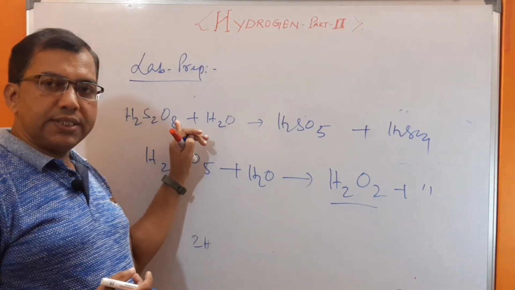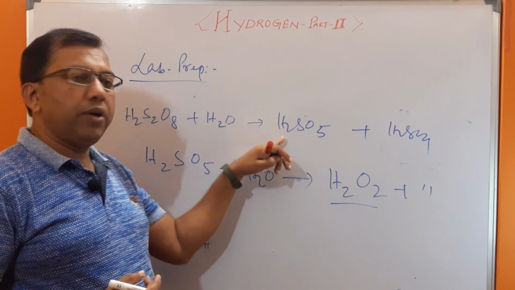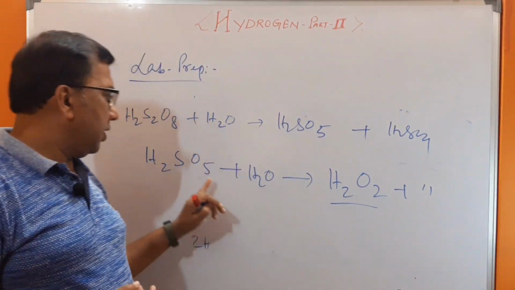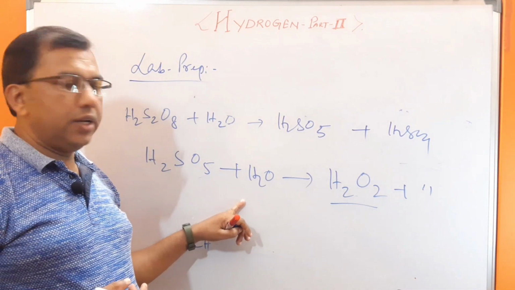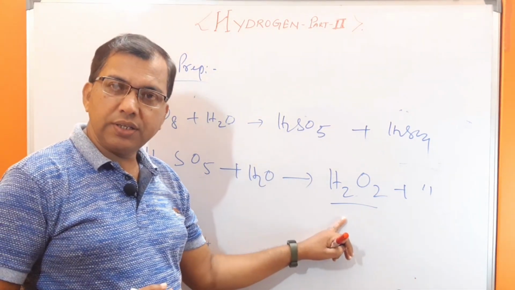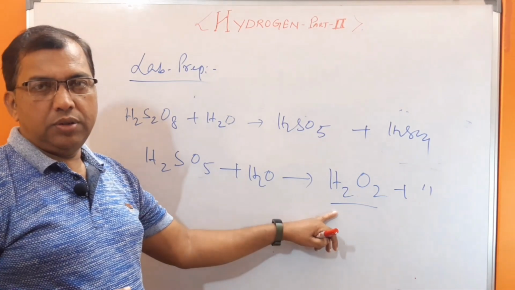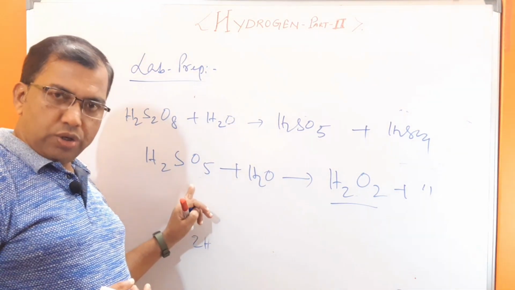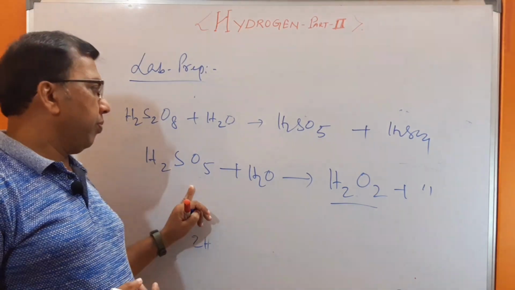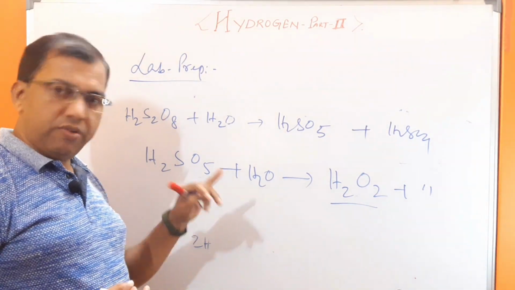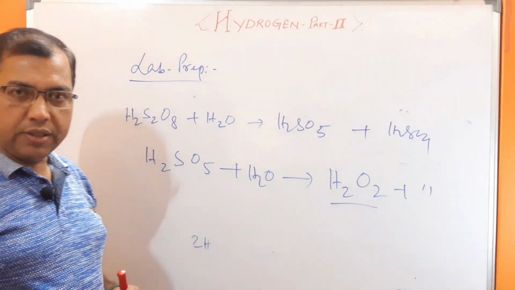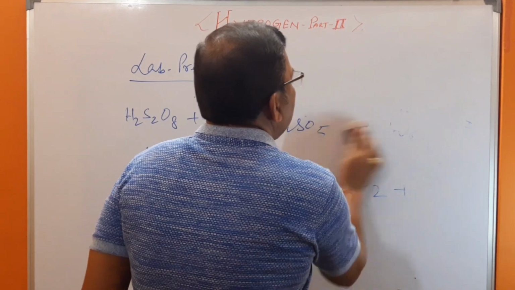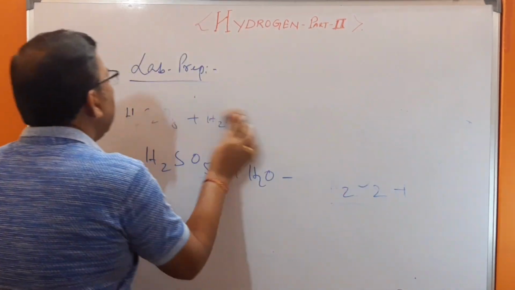This again hydrolyzes to peroxymonosulfuric acid, and this again combines with water to form hydrogen peroxide. Peroxo or peroxy, whatever you can say. Clear? So this is how to prepare H2O2 in the laboratory.